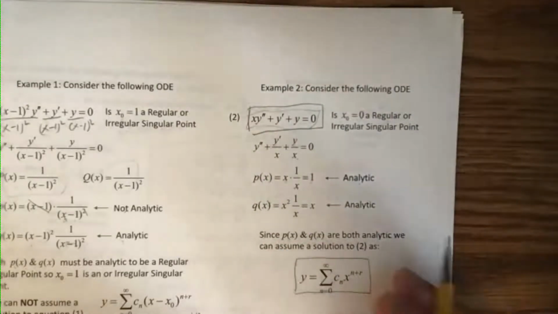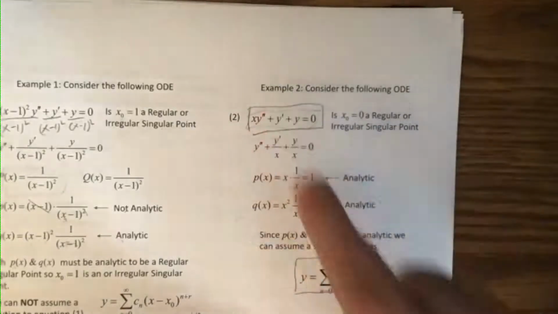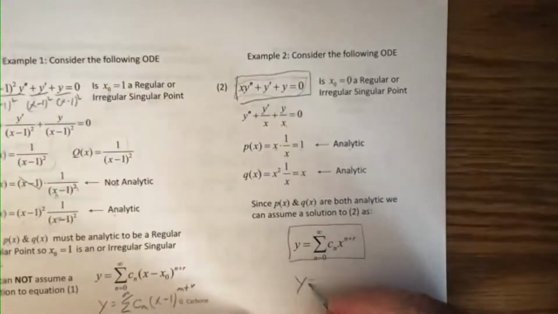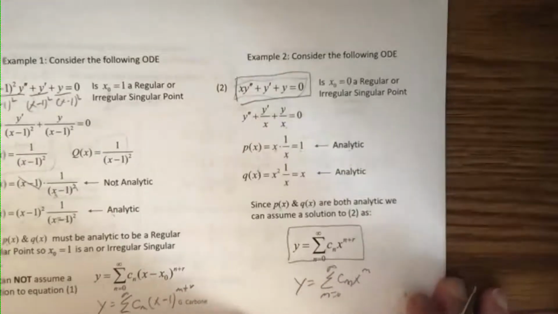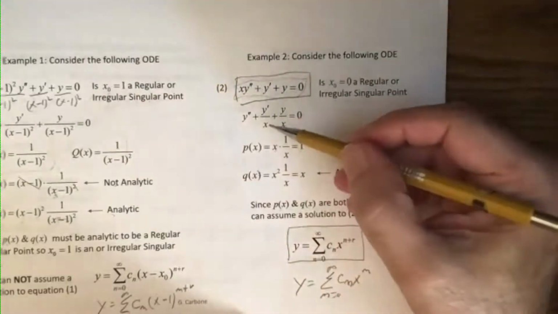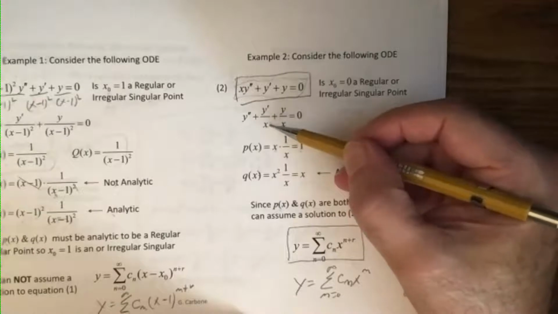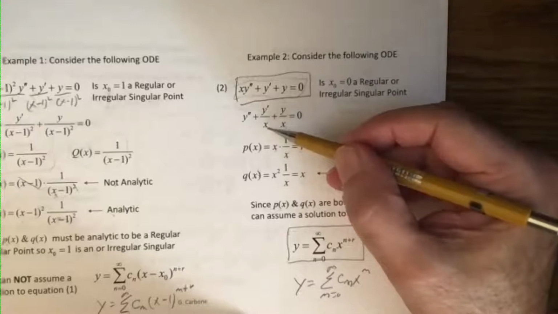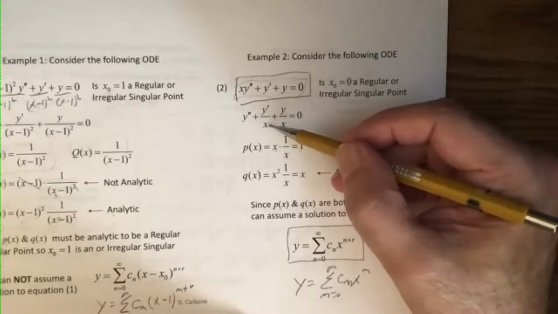So for this differential equation here, I can assume a form like this. I want you to understand that I can assume a form like this, but I can't assume a form like this, because 0 is not an ordinary point. 0 is a singular point, but it turns out it's a regular singular point.